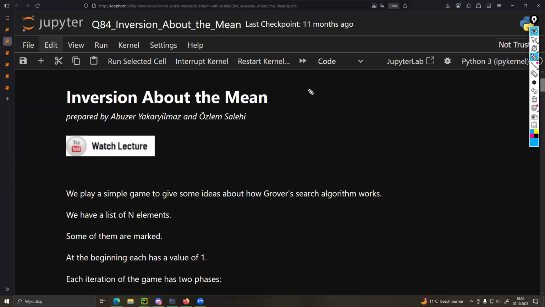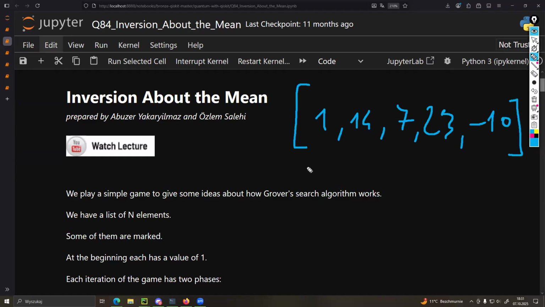So, for example, let me use yet another similar list. I have 7, I have 23 now, and I have, let's say, -10, right? What I could also showcase as another way to represent this entire list is that I have some collection of wanted elements, and let's mark it as W. So this list would be, let's say, 7.